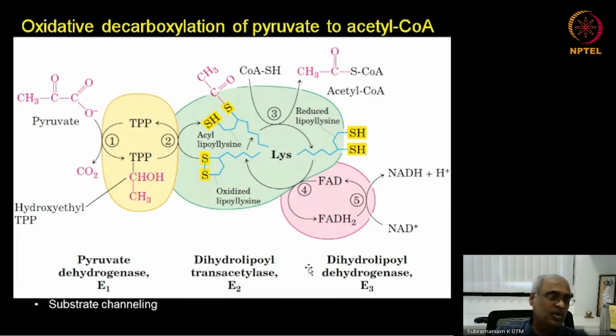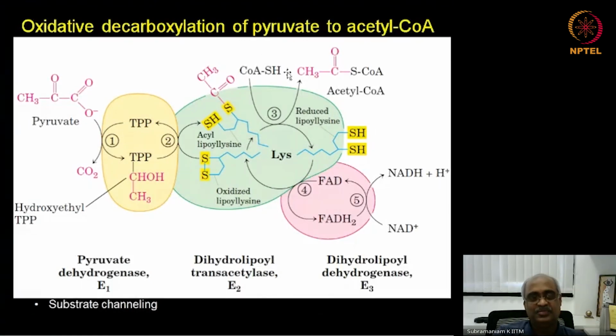The very original substrate is pyruvate, and the ultimate products are carbon dioxide, acetyl-CoA, and NADH. And another substrate is NAD itself. So these two are going in, and 1, 2, 3 are coming out, right? But if you look at the individual enzymes, for this enzyme, the substrate is this.